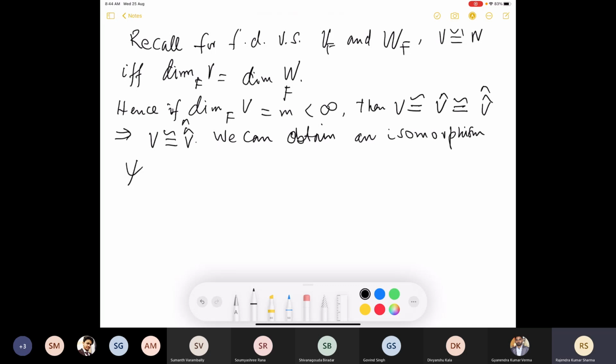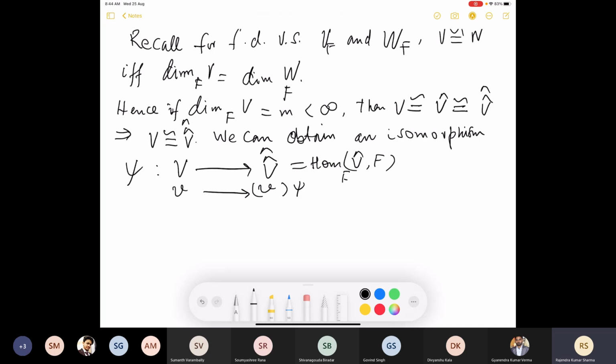So let us define psi, and this psi is taking a V to, let us say, V hat hat. So what are the elements here? The elements here, so this is V, and V under psi is an element of V hat hat. So what is V hat hat? Hom(V hat, F).